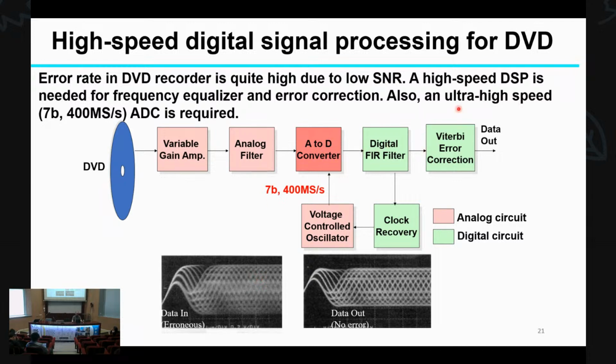So a high-speed DSP is required for the filter, ADC equalizer, and also error correction. DSP technology should be applied, and after that we can get a clearer, error-free signal. And the issue is always the ADC, that means a 7-bit 400 mega sample ADC, even though it's for consumer use.